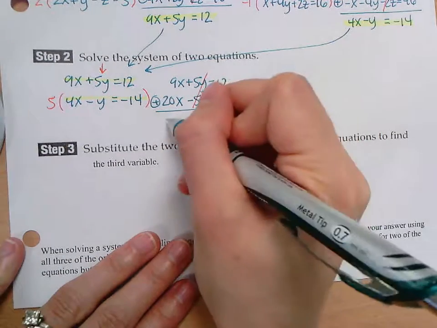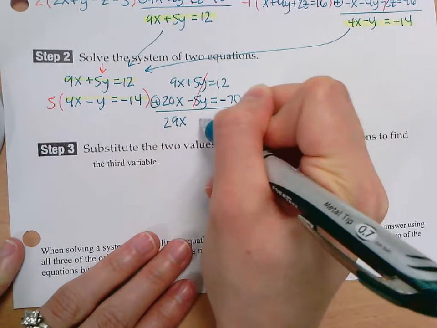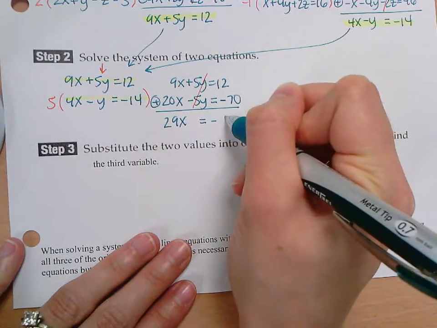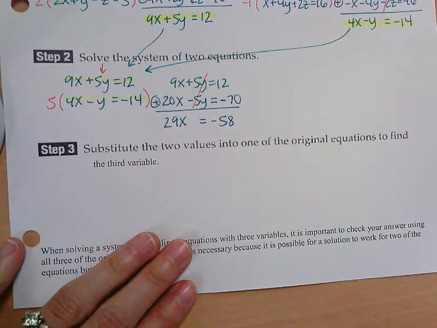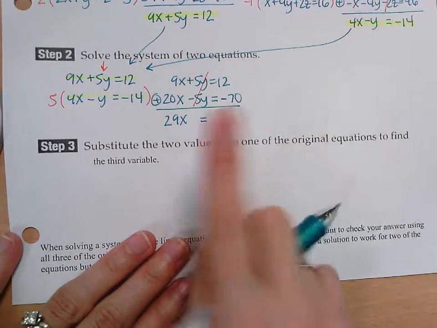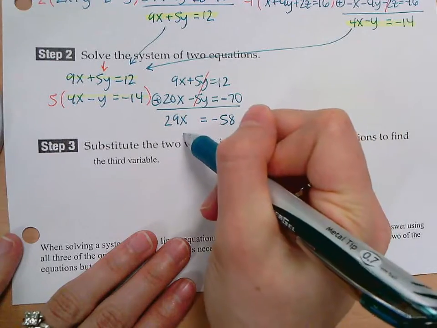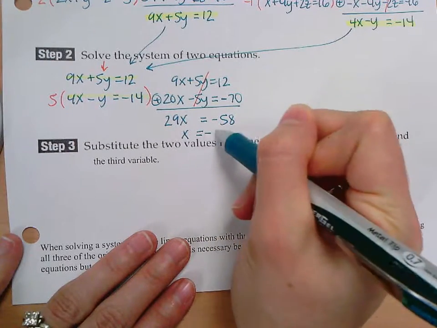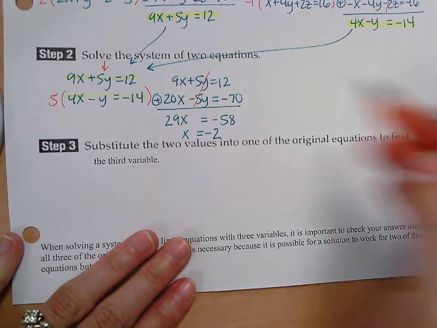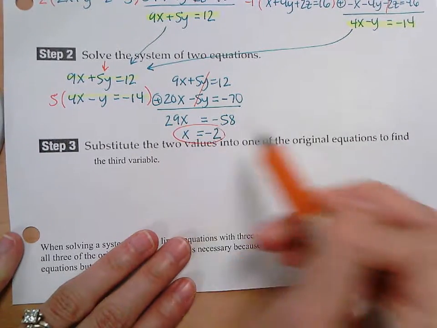If I add everything else, I get 29x equals negative 58. And now I'm at a place that I can find x. So if I divide by 29, I get x equals negative 2. Okay, so I have 1/3 of my answer.